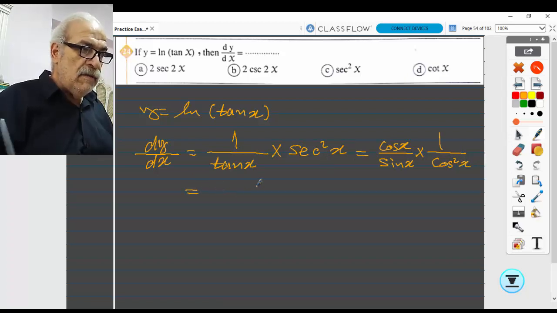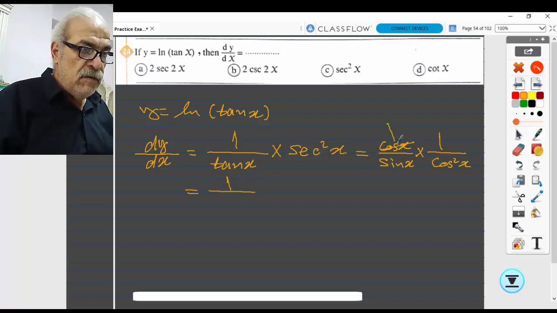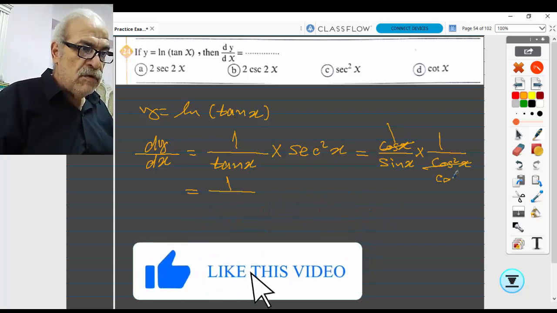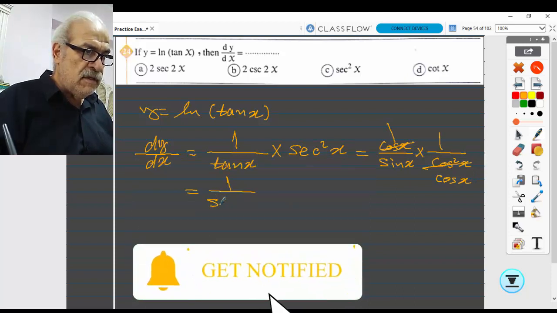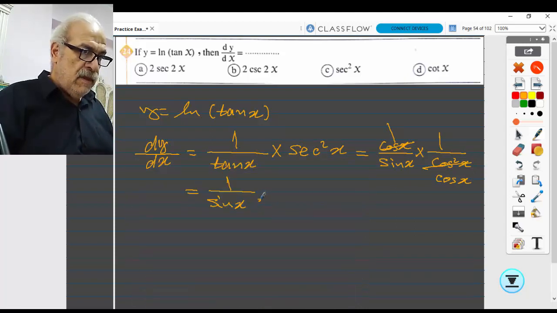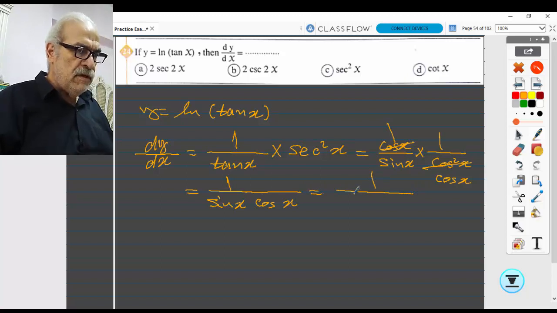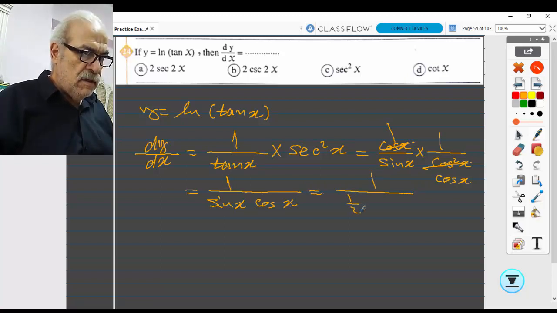So it is equal to 1 over, you can simplify here 1, and here we have cosine x, right? So in the denominator we have sine x cosine x. So the result equals 1 over half sine 2x, which equals 2 over sine 2x.